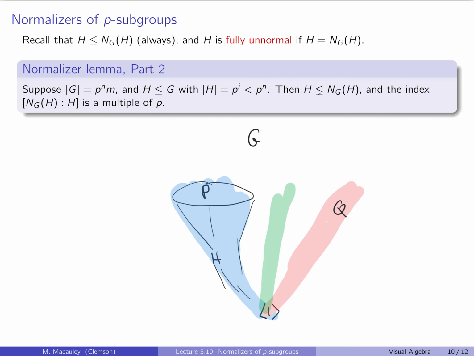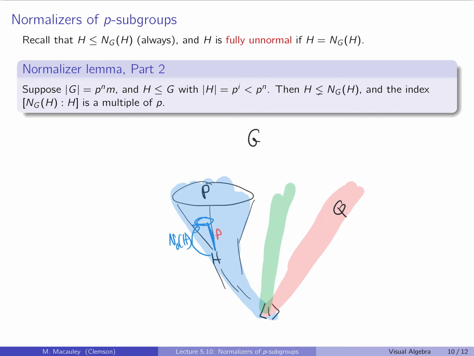But the basic idea is if we're not at the top of that p group tower, then the normalizer of H is going to get bigger. What I mean by this is taking the normalizer is going to be up here. And also, this index has to be a multiple of p.